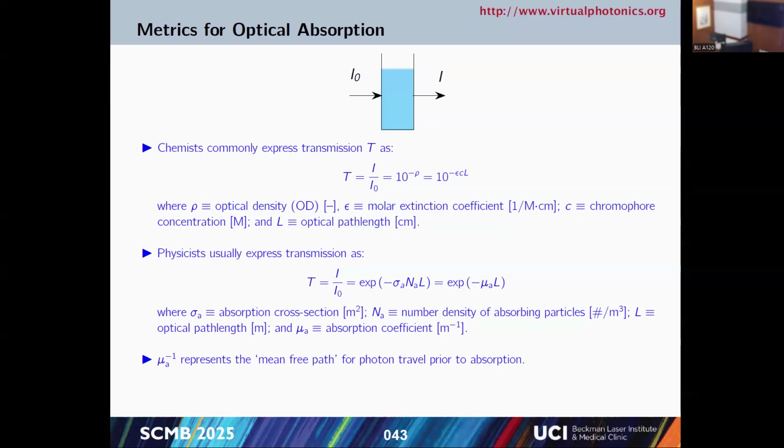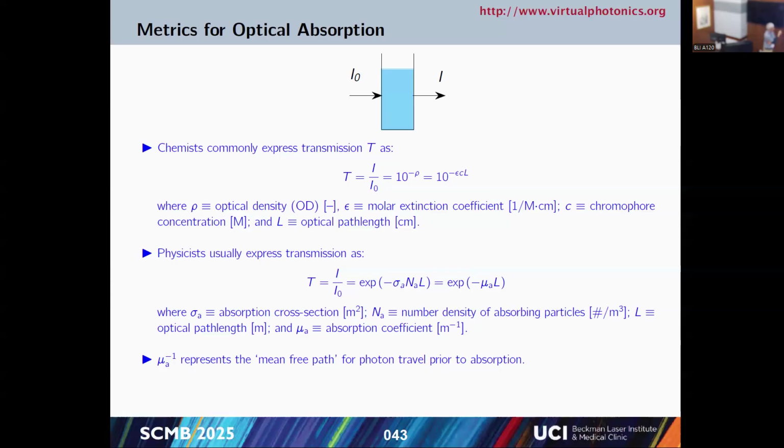So they say this is 10 to the minus rho, where rho is called the optical density. And rho is the product of the molar extinction coefficient times the concentration times the optical path length. So if you look at molar extinction coefficients, you're able to get the absorption on a concentration basis.